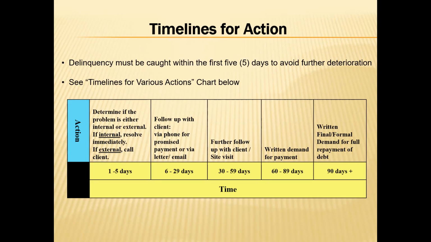Most banks have a standard letter for demand of payments. And then, when it goes into non-performing, that is 4 payments or more in arrears at 90 days, you do a written final formal demand for full repayment of the debt.